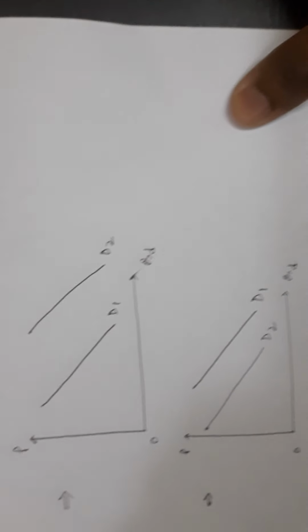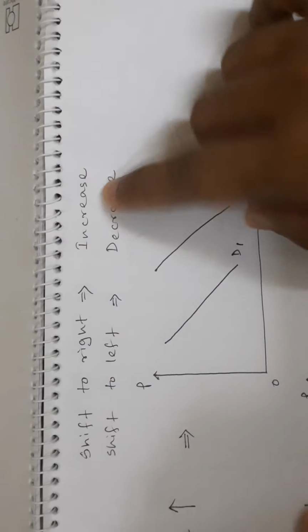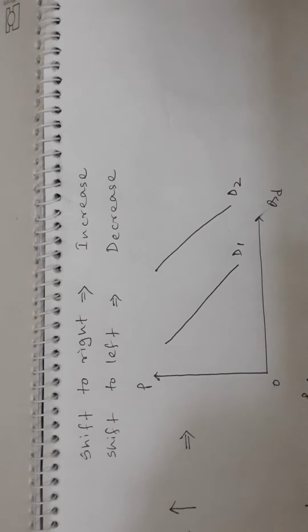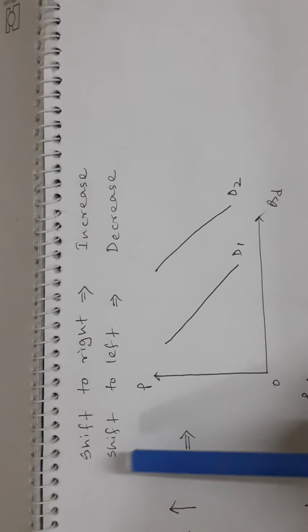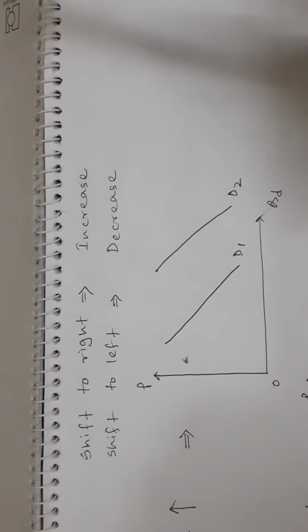Now let's proceed. Try to keep this in mind always when you are analyzing shifts of different curves. It can be a demand curve, a supply curve, any curve, it doesn't matter.